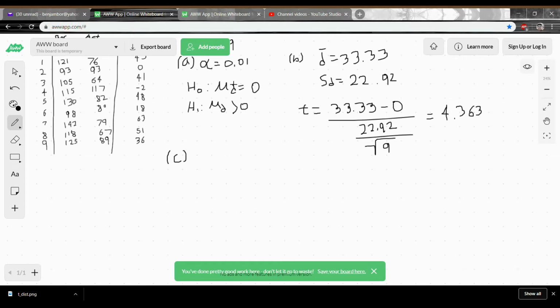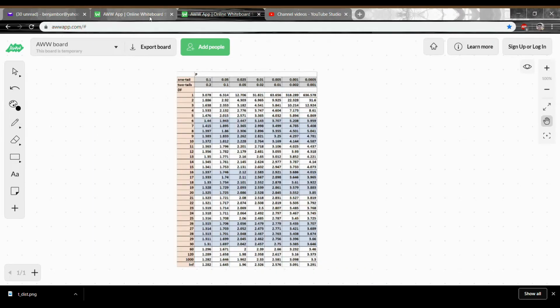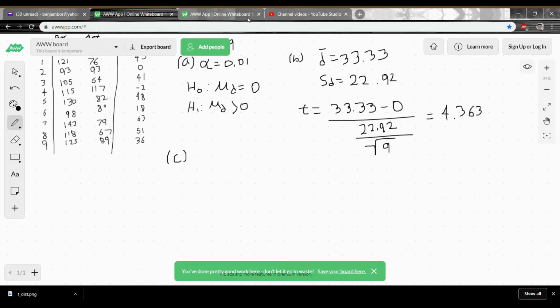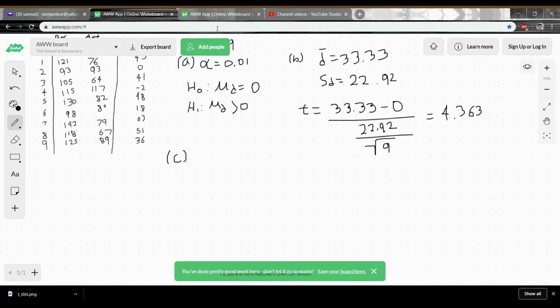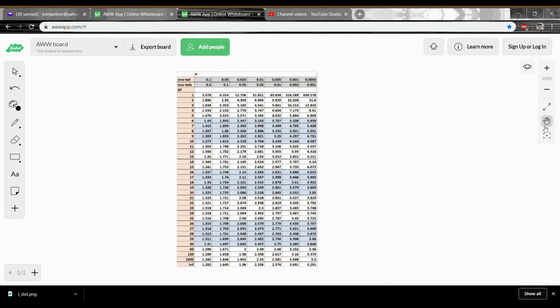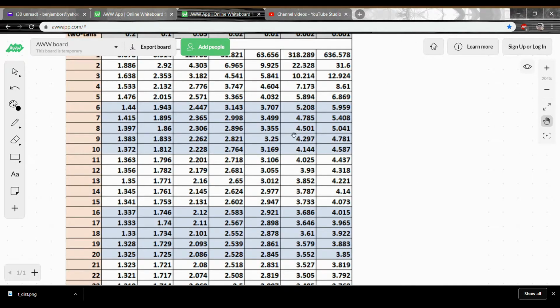That table is table 4 in the appendix, and I have it here. So if our T statistic is 4.363, first we want to find our degrees of freedom. It's calculated the same. Our degrees of freedom is going to be the sample size minus 1. That gives us a degree of freedom of 8. And now we are going to find the interval that our T value falls into. So for 4.36, our T value is going to fall between 3.3 and 4.5.